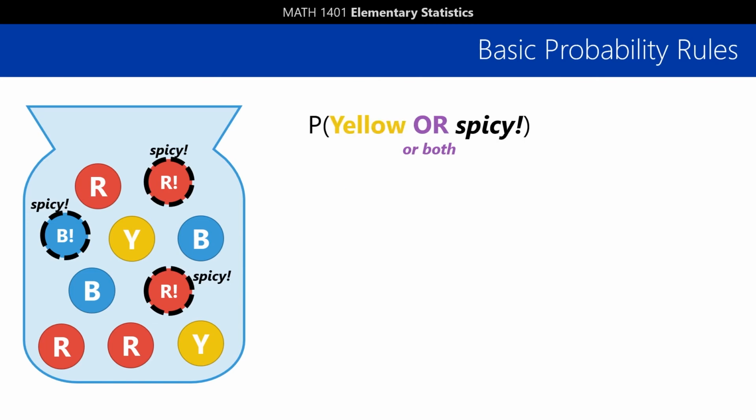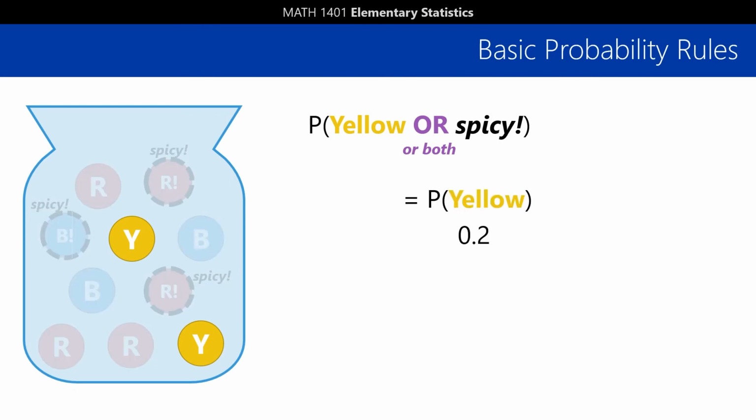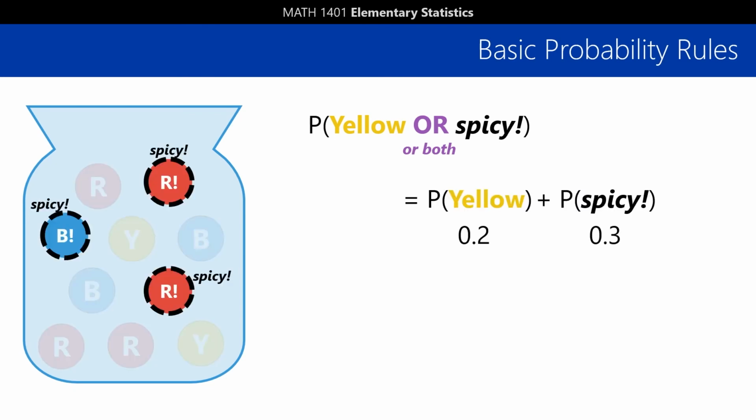What if we did the same analysis with the probability that a gumball is yellow or spicy? Let's try out the addition rule. The probability of yellow is 0.2, and the probability of spicy is 0.3. What about the probability of yellow and spicy? Well, remember that being yellow and being spicy are disjoint in this jar.